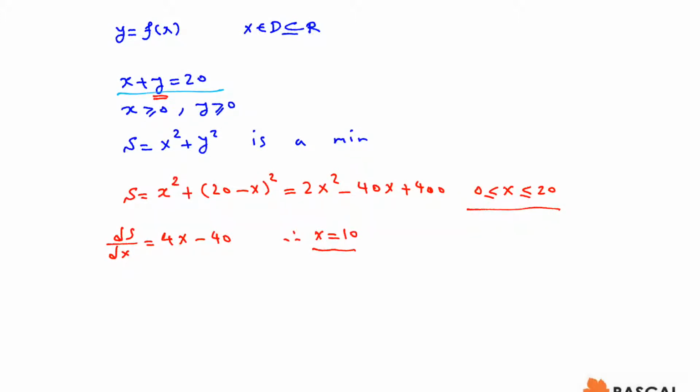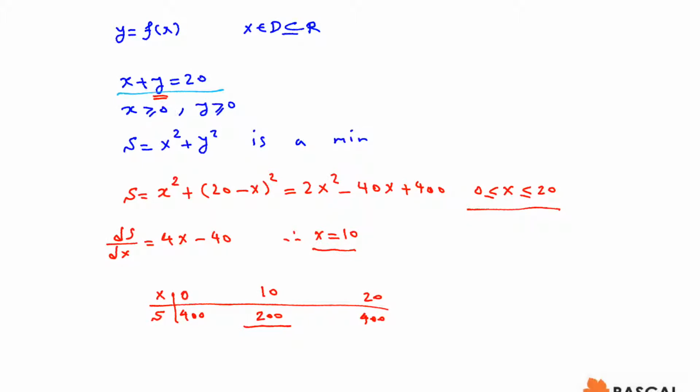Therefore, we find the value of our function s at endpoints 0 and 20 and critical number. When x is 0, f of x is 400. When x is 10, f of x is 200. And when x is 20, f of x is 400.